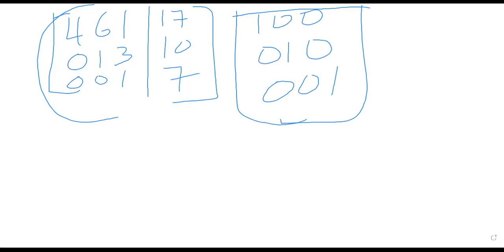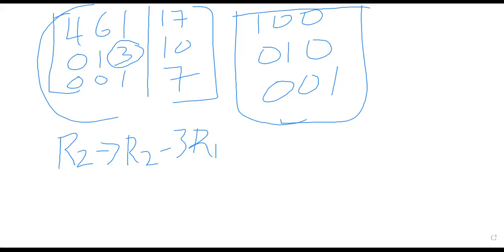First of all, I want to change row 2 because row 3 is already changed to 0, 0, 1. So I need to change this 3 to 0 in row 2. I'll make an equation: row 2 equals row 2 minus 3 row 1.